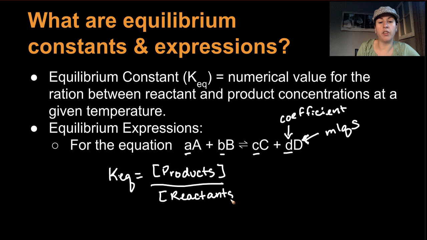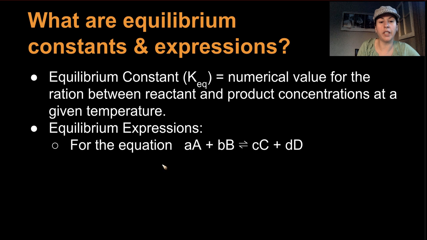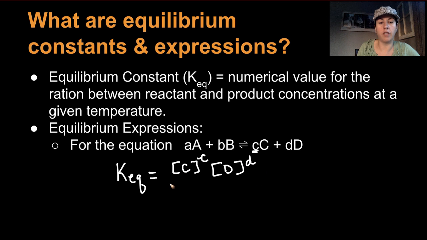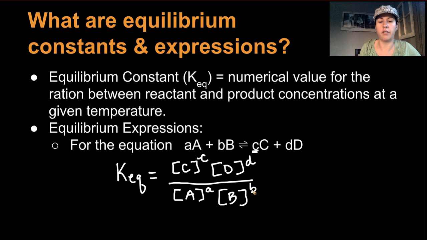But we have to do a couple other things with that. And so I'm going to erase this and show you what it will really look like. And so when you do that, KEQ is going to be our product. So it's going to be the concentration of compound C to the power of the coefficient, okay, so the coefficient's a little one there, times the concentration of D to the power of the coefficient of D divided by the concentration of A to the coefficient of A times the concentration of B to the coefficient of B. Now, that's a generic example, so we'll get a little more specific here in a moment.